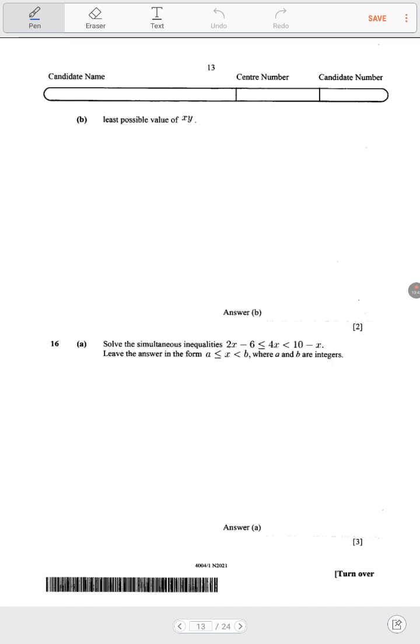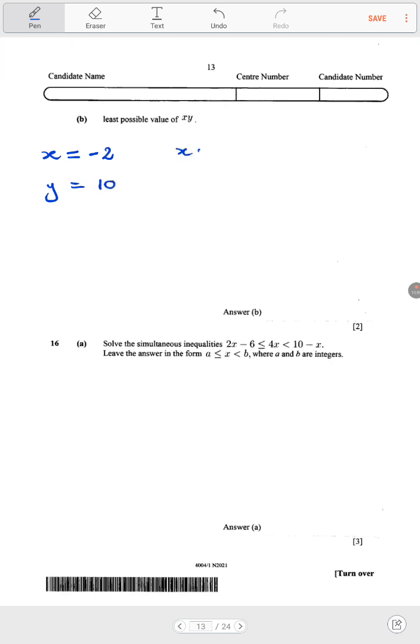So here under x we will take the least value, the least negative value, which is minus 2, and on y we take the largest, which is 10. Since it's a product, xy is going to be minus 2 times 10, and your answer is minus 20.